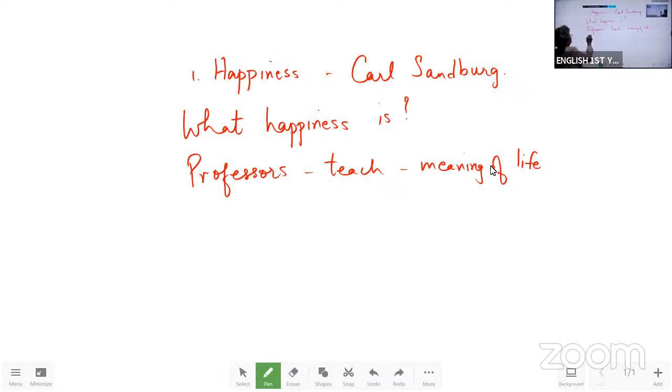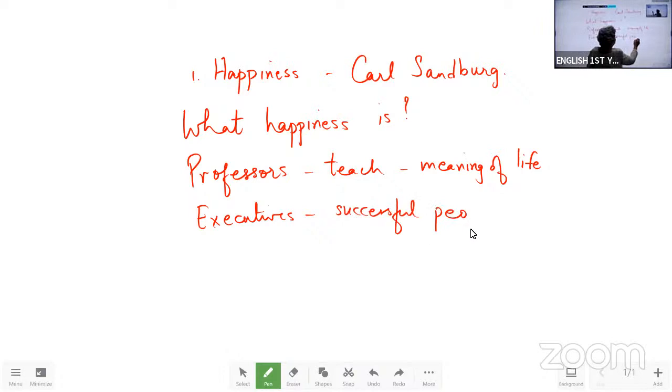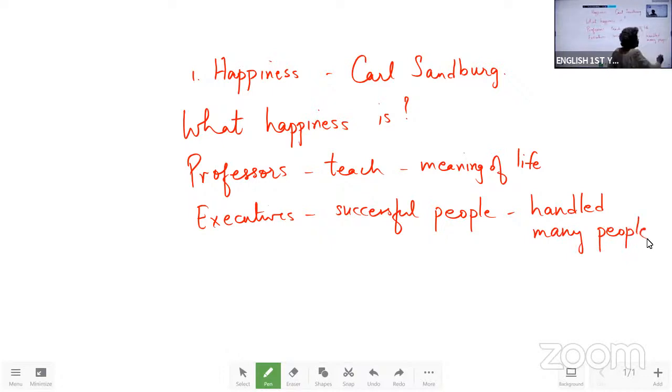So next he went to the executors. Why did he go to the executors? Because these were successful people who handled many people under them. And that's the reason why he thought maybe they would also know the meaning of happiness.